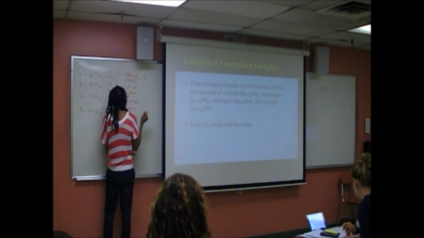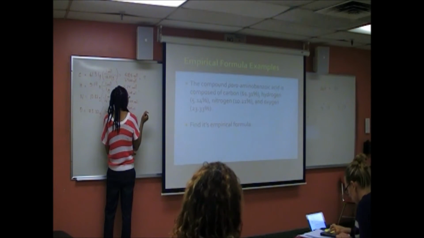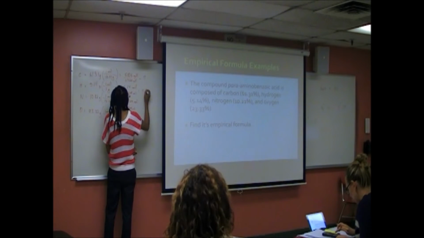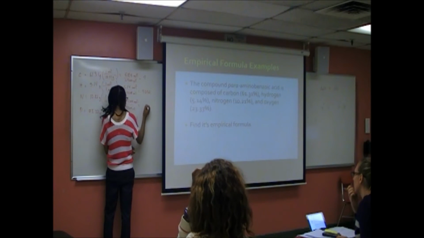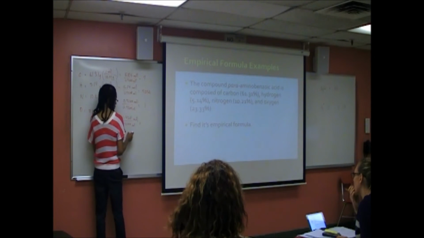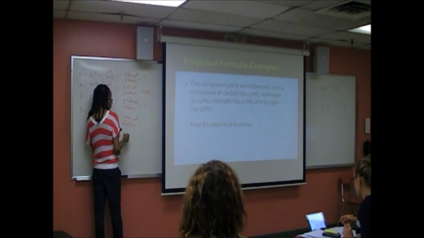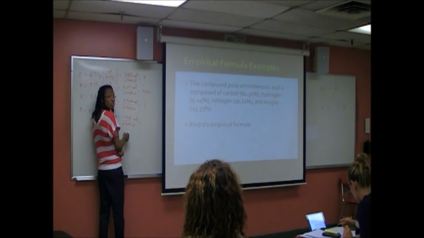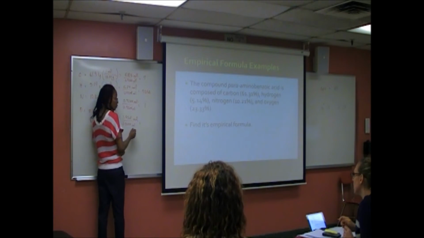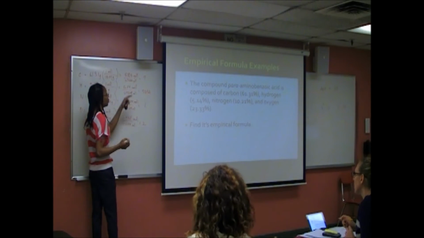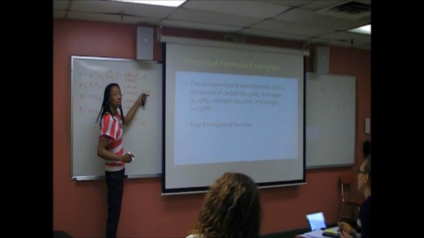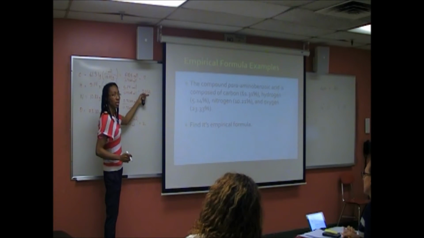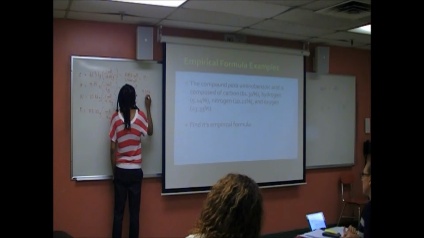Hydrogen, 7.0521. Now what do we do? Round it off. Can you round it? Yes. What's it going to be? 7.